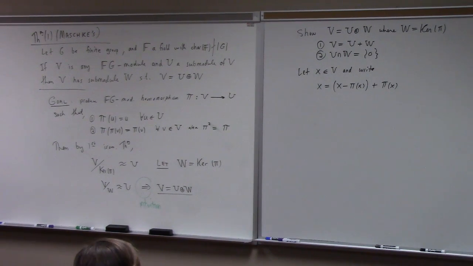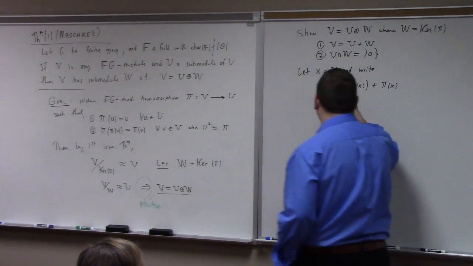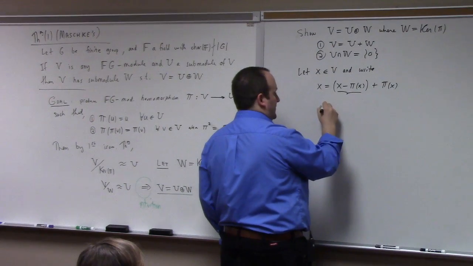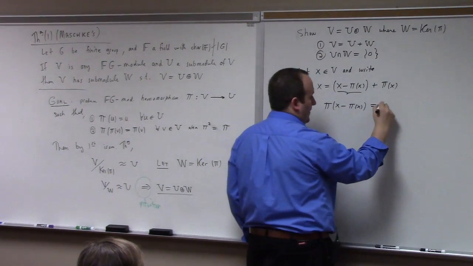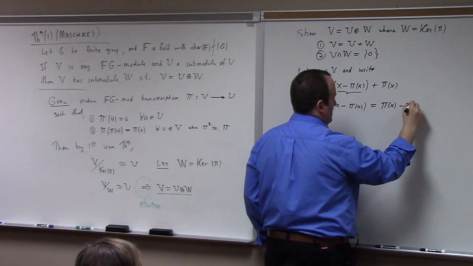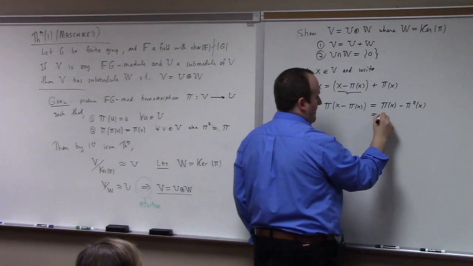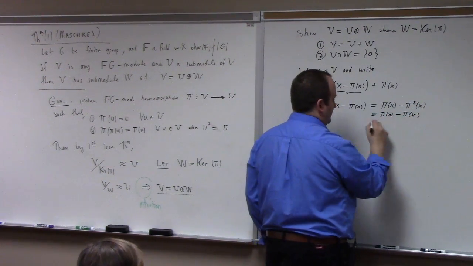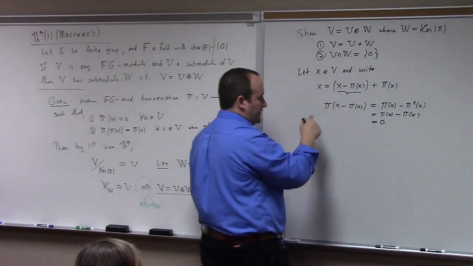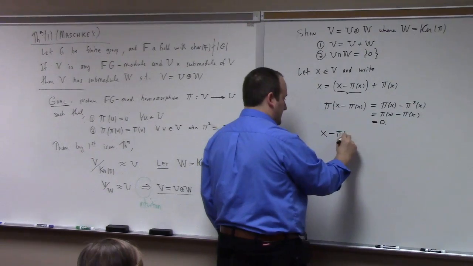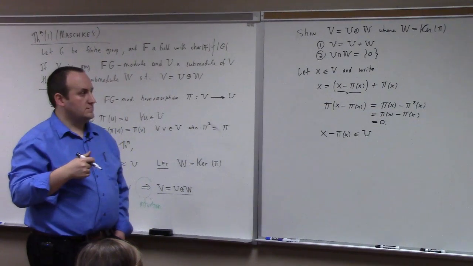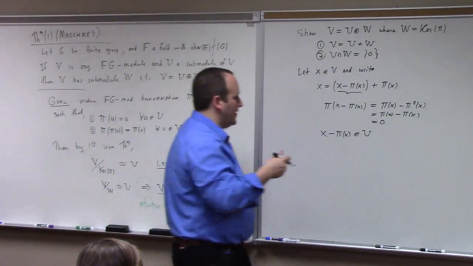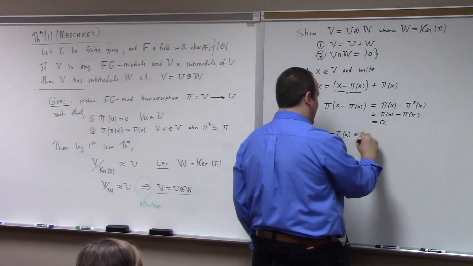If you look at this right here, what happens when we take pi of X minus pi X? We're using property 2. In other words, X minus pi X is in the kernel of pi.